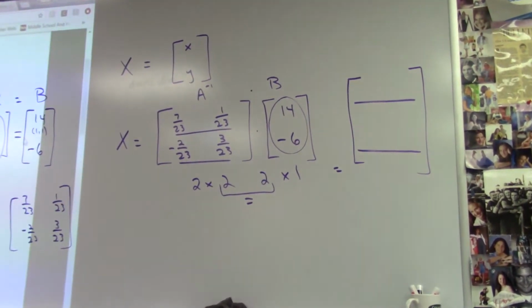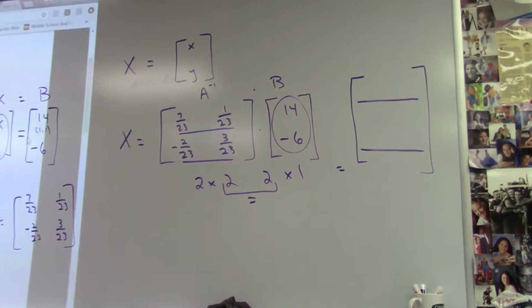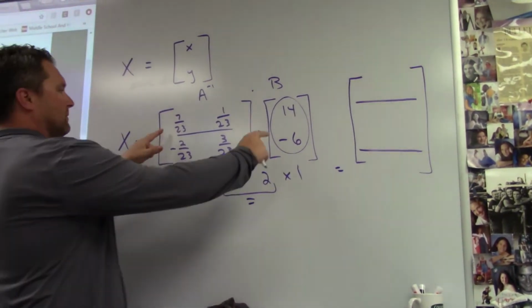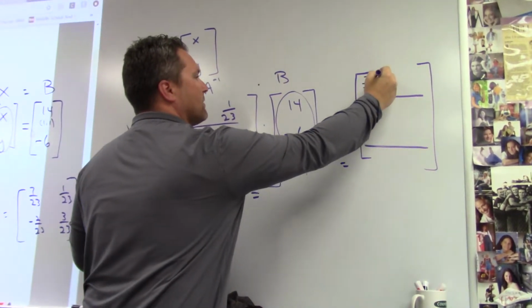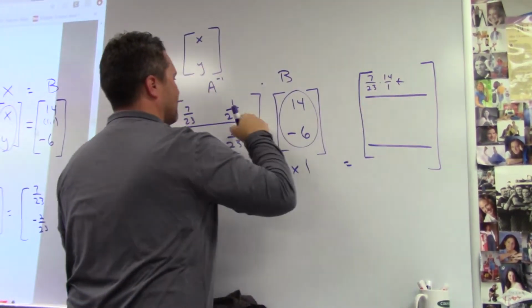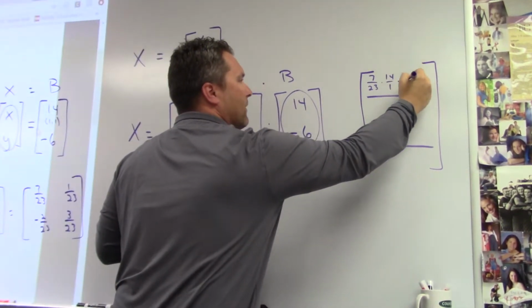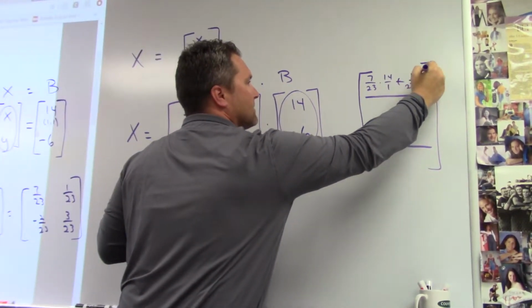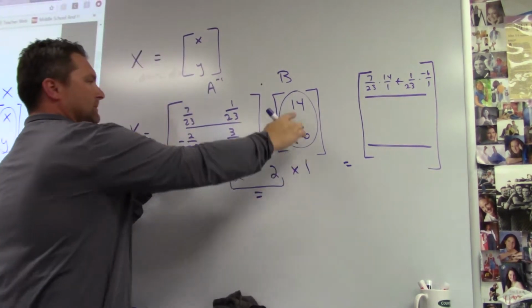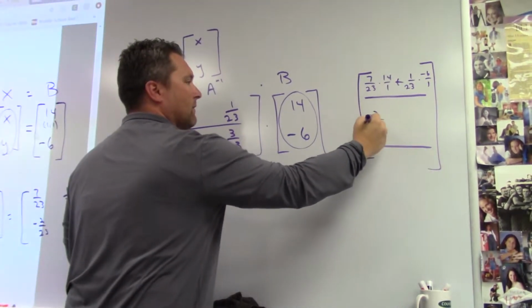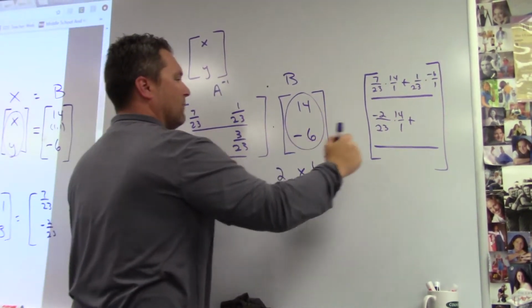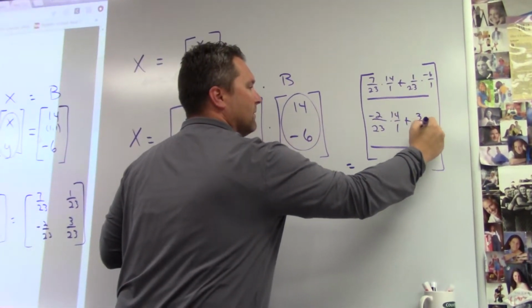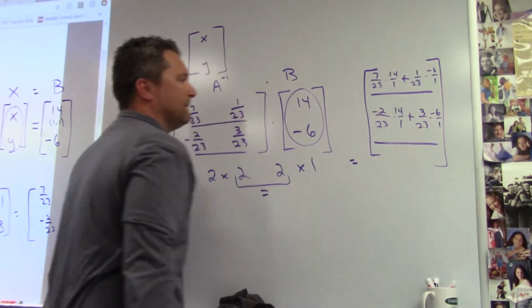Got a little ugly math with the fractions, but we're going to get 7/23 times 14 plus 1/23 times negative 6, and then negative 2/23 times 14 plus 3/23 times negative 6.